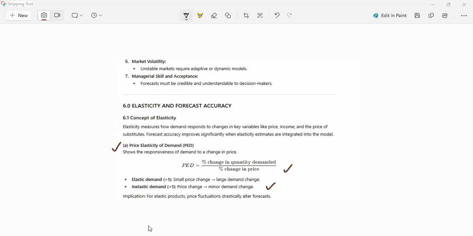All right. Now let's go to the other types of elasticity. We have two more types of elasticity. What are they? We talked about them. You should know them. Income elasticity.